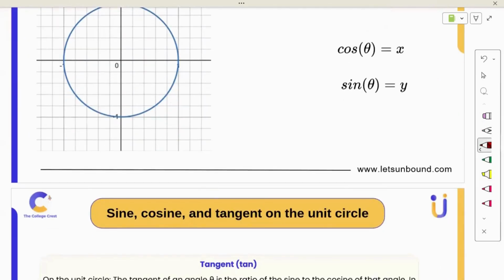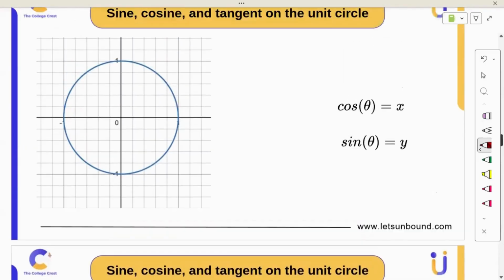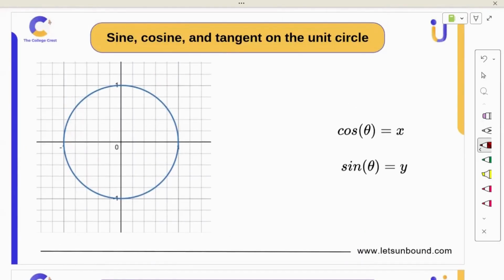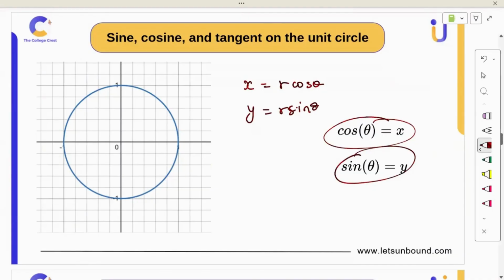So I took A and B. Here they took X and Y. Very simple. Now, is it only possible on unit circle? No, other radius also you can take. But for other radius, X is equal to R cos theta, Y equal to R sin theta. Okay. If it's a unit circle, R becomes 1 and I just get X is cos theta and Y is sin theta. Got it?